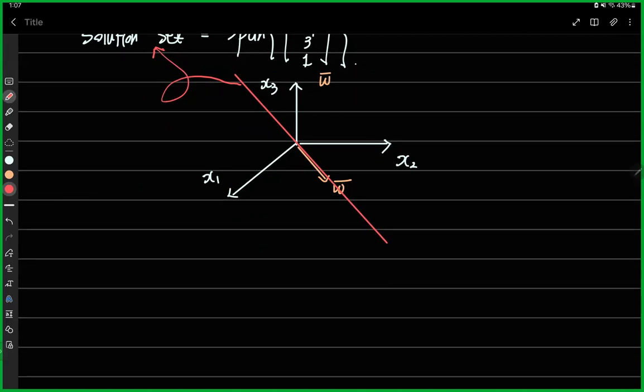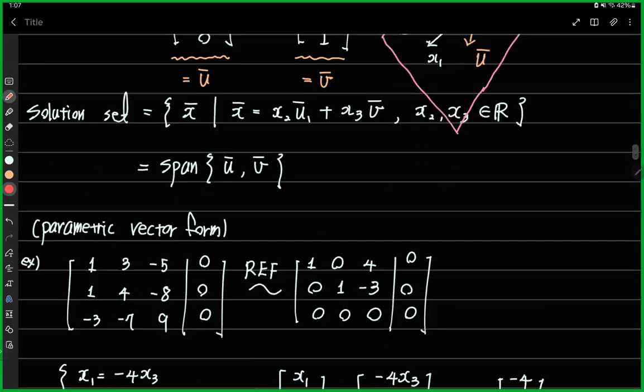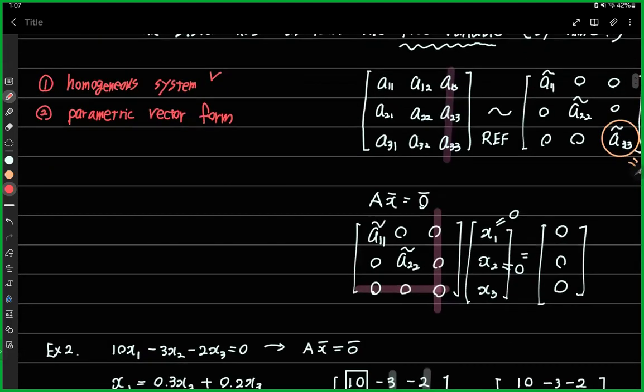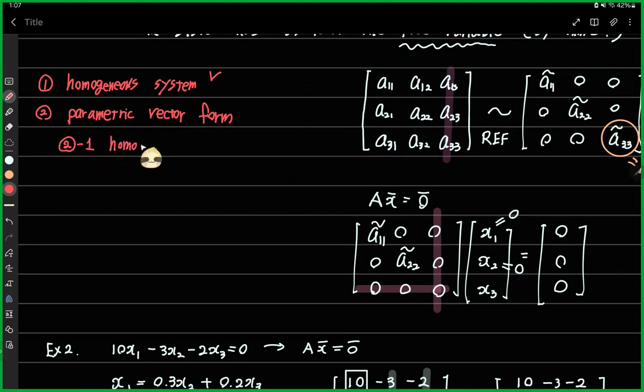Think about the non-homogeneous system. Next one, non-homogeneous system. This is 2.1, a homogeneous system, and 2.2 is the parametric vector form of the non-homogeneous system.